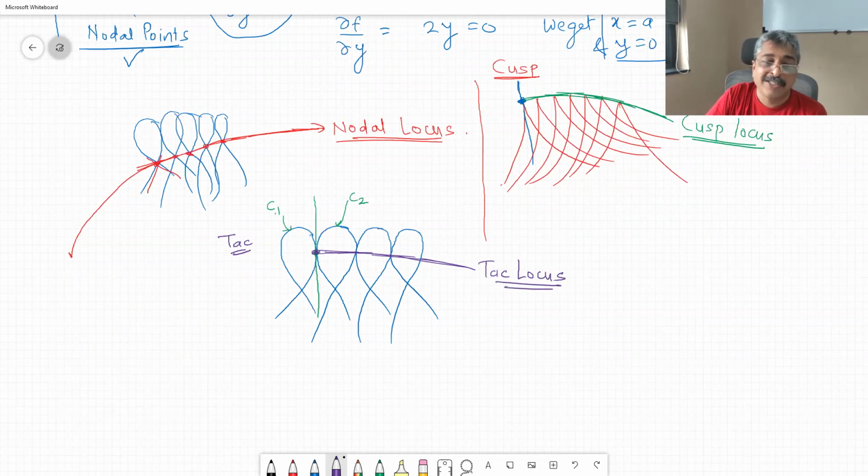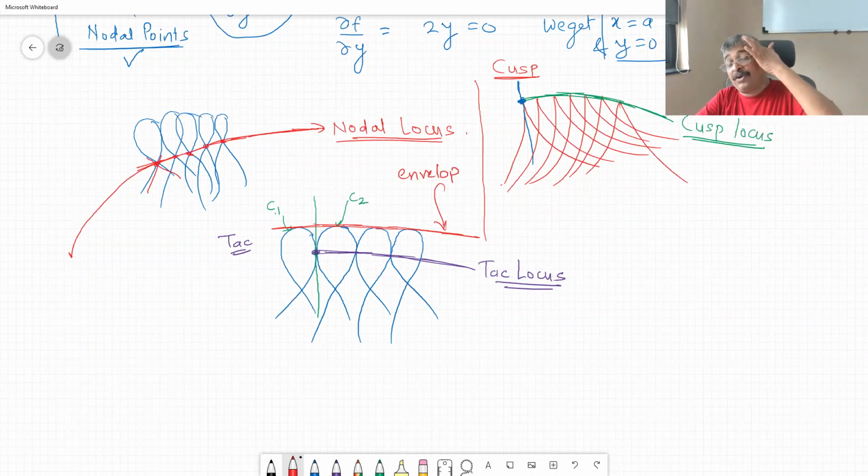As far as these curves are concerned, if I draw a curve like this where neighboring curves touch it, this is going to be the envelope. Tack locus is not going to be the envelope. Tack locus will not satisfy the differential equation.